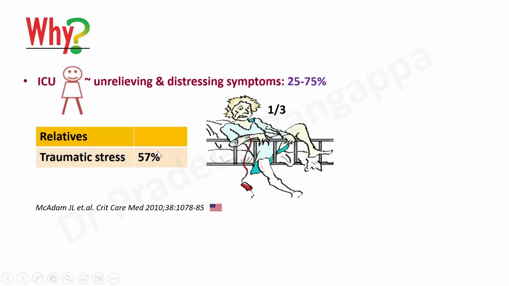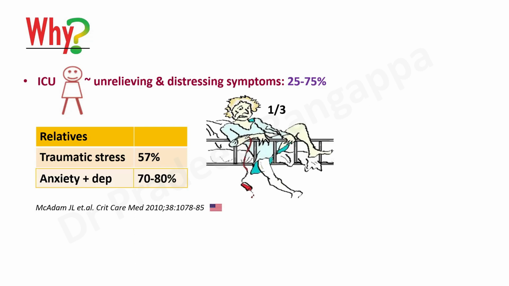This was a very interesting study, which again reemphasizes why the science of palliative care extends to the family. It showed that 57% of ICU patients' relatives have traumatic stress, and 70 to 80% of the relatives will have anxiety and depression whilst their dear ones are in ICU.